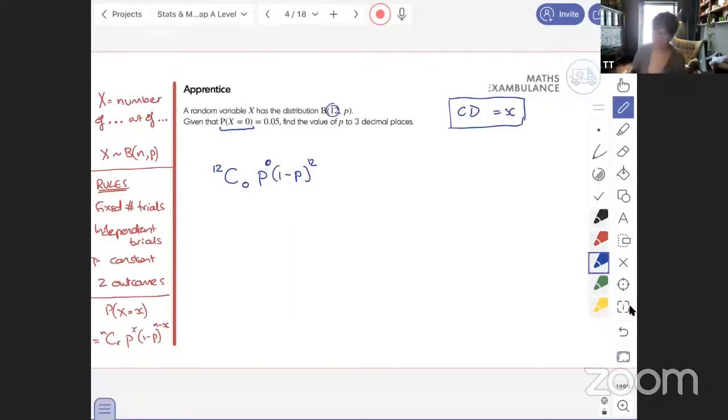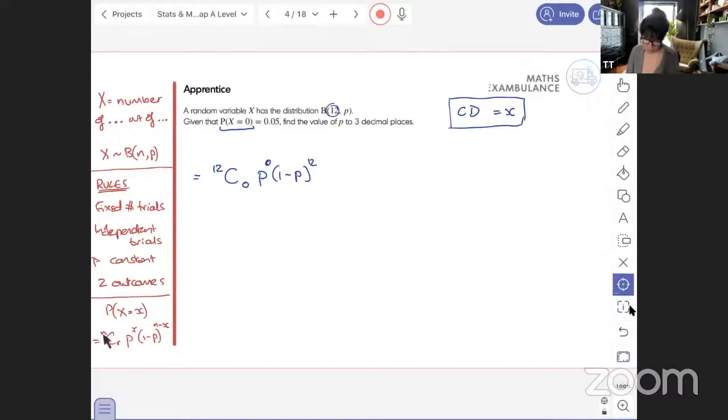Right, this is going to be our last one. We're just going to quickly finish this. This is equal to the probability that X is 0. Using the formula, N is the number of trials. The number of trials is 12. Choose none. I want no successes at all, not a single success. So that's 0 there. P is the probability of success.